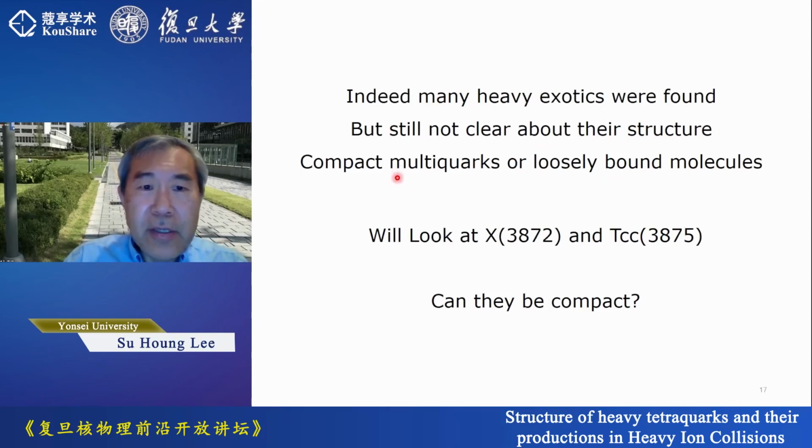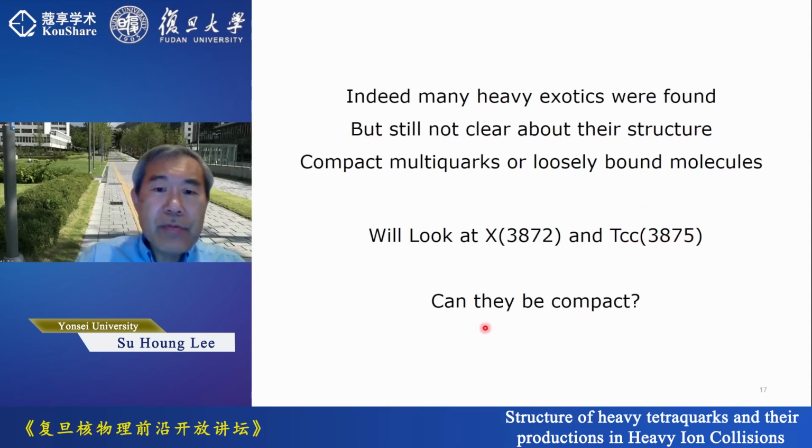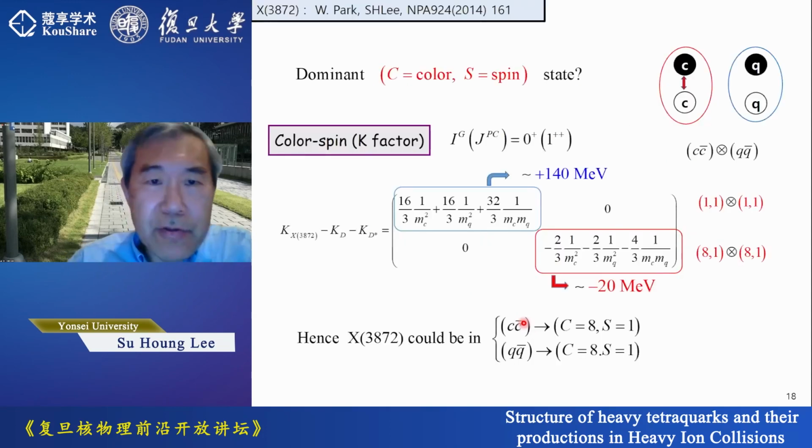So as a representative comparison, to check whether something is multiquark or loosely bound molecules, we will look at the X3872 and TCC 3872, which is simply measured, and ask the question, can they be compared from a quark model point of view?